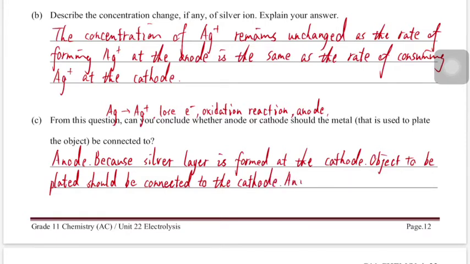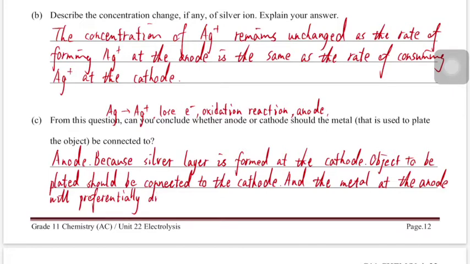Okay, and the metal at the anode will preferentially discharge to compensate the loss of silver ion in the electrolyte.